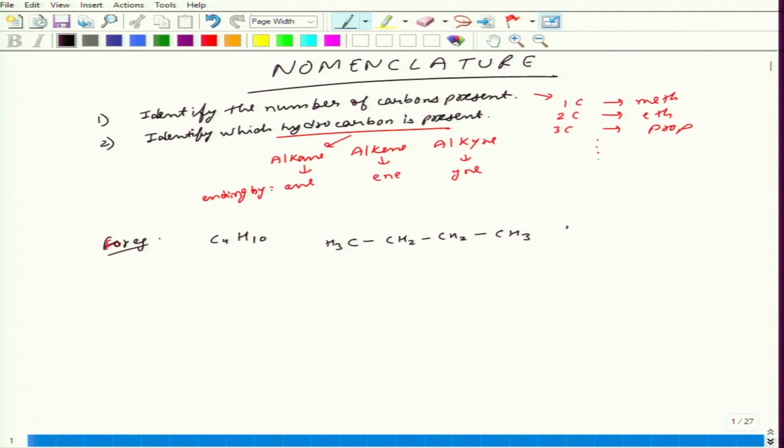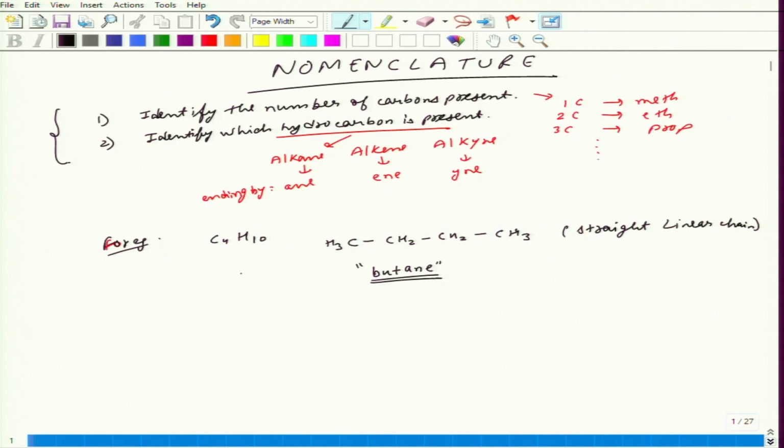This is going to be a straight linear chain. This is how we name the hydrocarbons on the basis of the previous two points: there are a total of 4 carbons, so 4 carbons means but, and it is an alkane. There is no C double bond C and no C triple bond C, so it is an alkane, the name ends with ane: butane. That is how I have told till now.